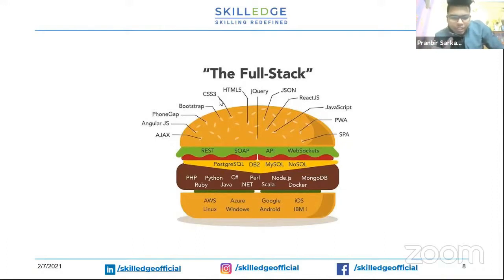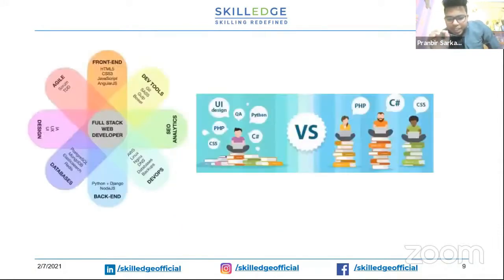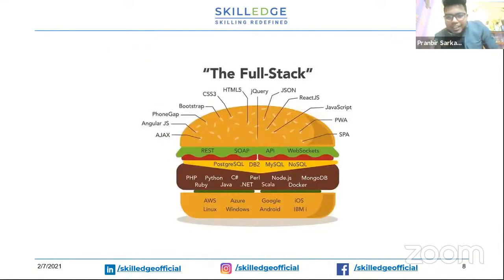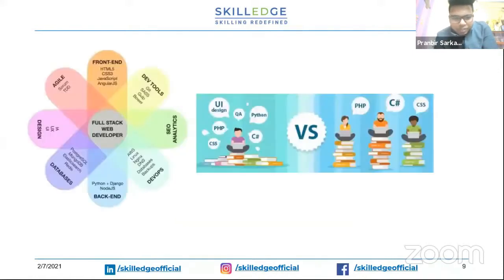It will call the API part, which is the green layer here, and using that it will connect with the backend. The backend, this brown stack, is responsible for collecting data from the database or updating something or doing any kind of operation, and it simply connects with the yellow stack, which is the database. Everything runs on a different environment, different cloud, which is the base: AWS, Azure, and all those things.